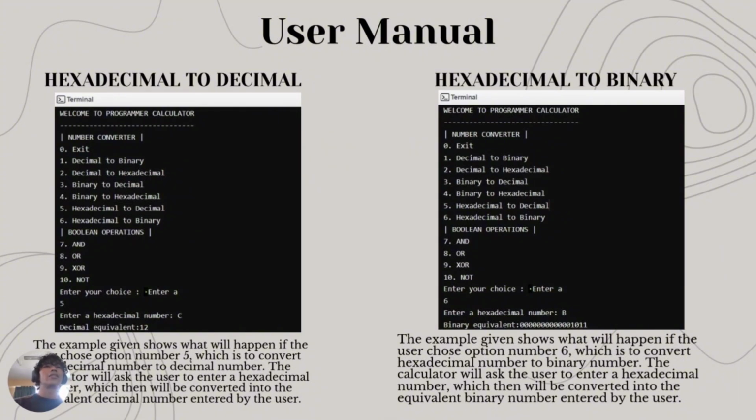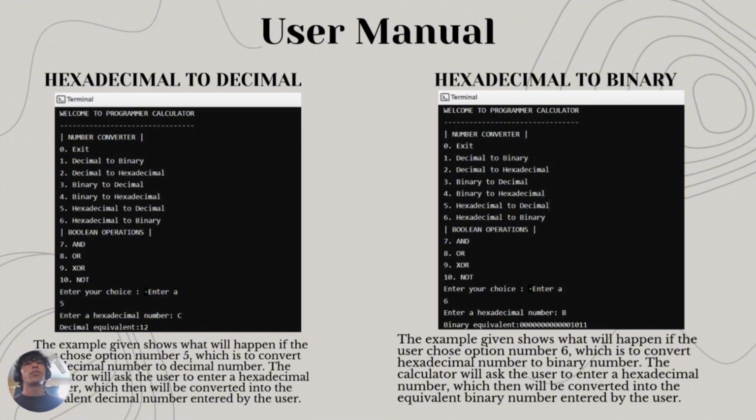The rest can be proved as true as shown in the picture. This user chose the number 5 option, which is to convert a hexadecimal number into a decimal number.